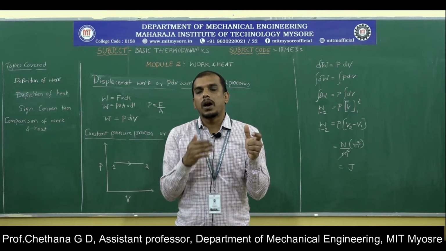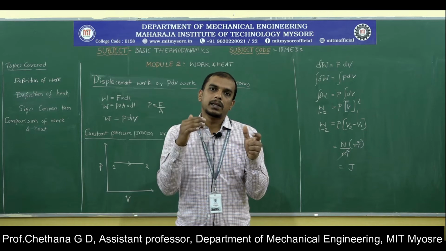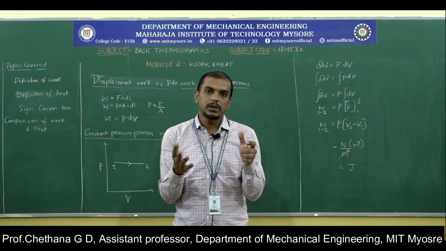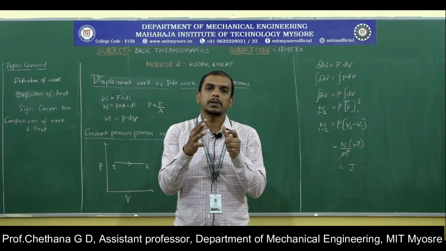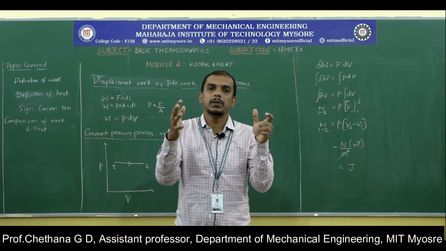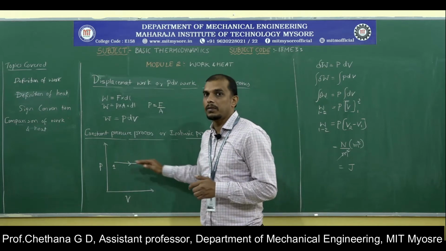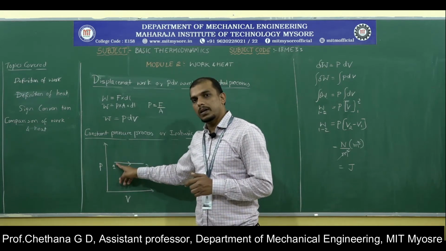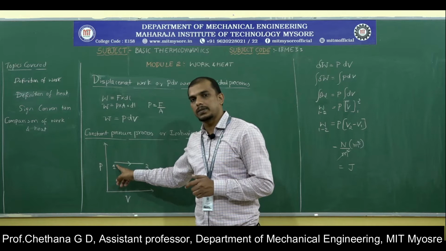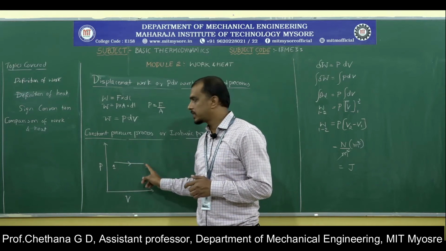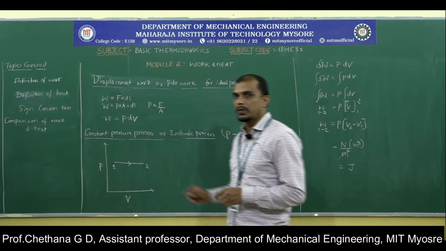So it will not allow the pressure inside the balloon to increase. So in other words, it is like a constant pressure process. It is trying to keep the pressure inside the balloon constant, but the volume has changed. So it is quite similar to the process we are talking about, a constant pressure process. It will be from point 1 to point 2.